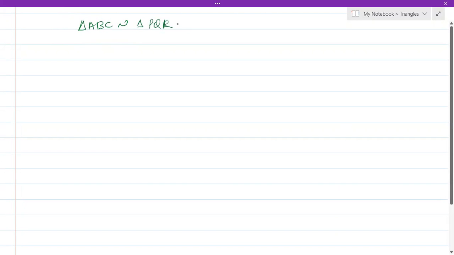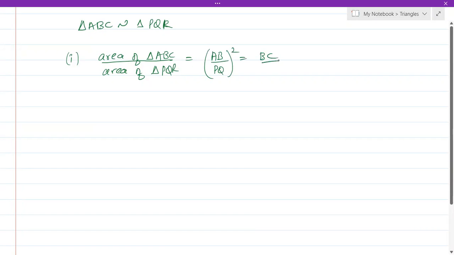We have already got a condition, that is, area of triangle ABC by area of triangle PQR is equal to the squares of the corresponding sides, that is, AB by PQ the whole square, BC by QR the whole square, which is equal to AC by PR the whole square. This is what we have proved.